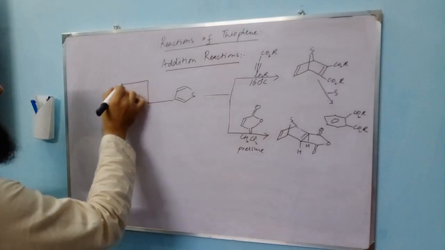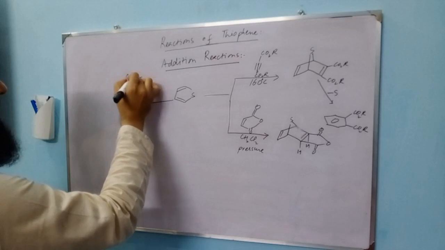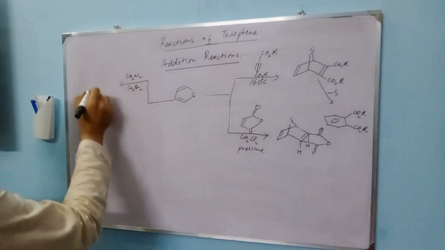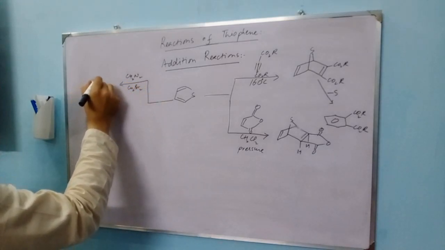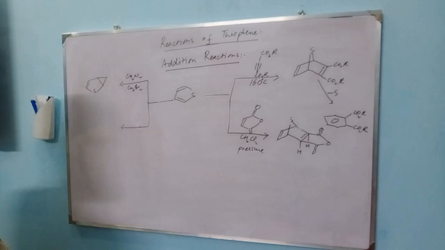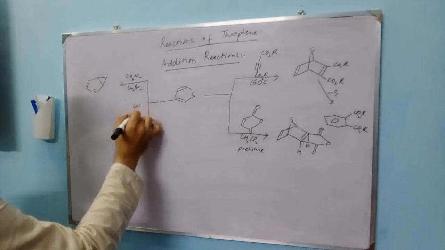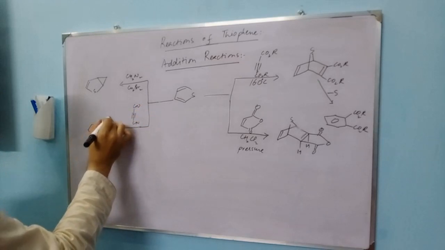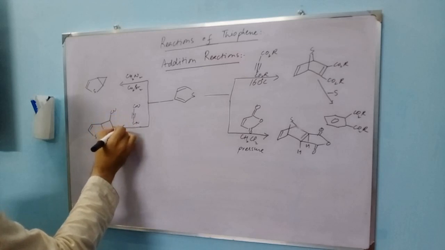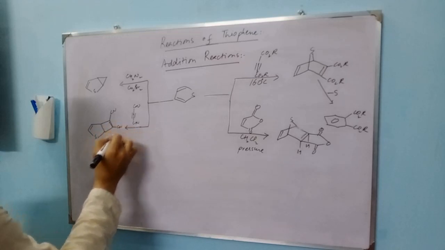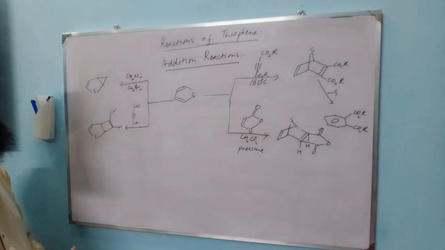Whereas if it is made to react with diazomethane in the presence of Cu2Br2, we get 2+1 cycloaddition across carbon 2 and 3, and if the reaction is carried out using dicyanoacetylene, 2+2 cycloaddition takes place, and we get this product. So these are addition reactions.